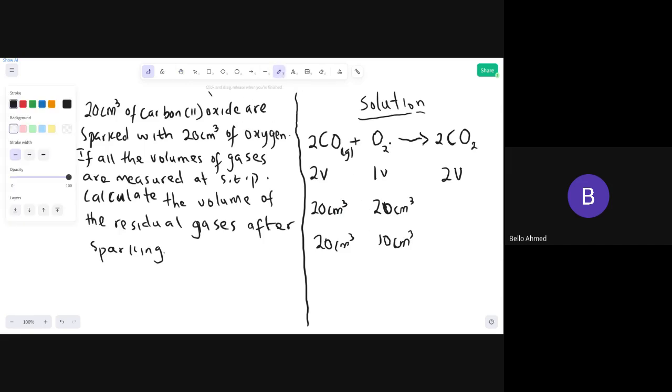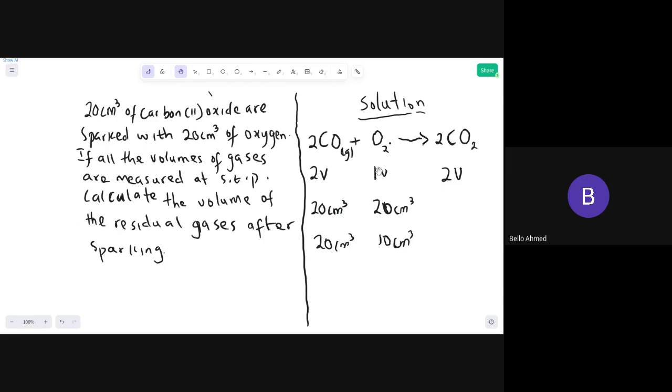So now, after you might have done that, then you look at the product side. We also have 2 volumes, so 2 volumes of carbon(IV) oxide must also be formed. And what volume is equivalent to this 2 volumes? Well, it is 20, because we can see that 2 volumes of carbon(II) oxide here is equivalent to this 20.